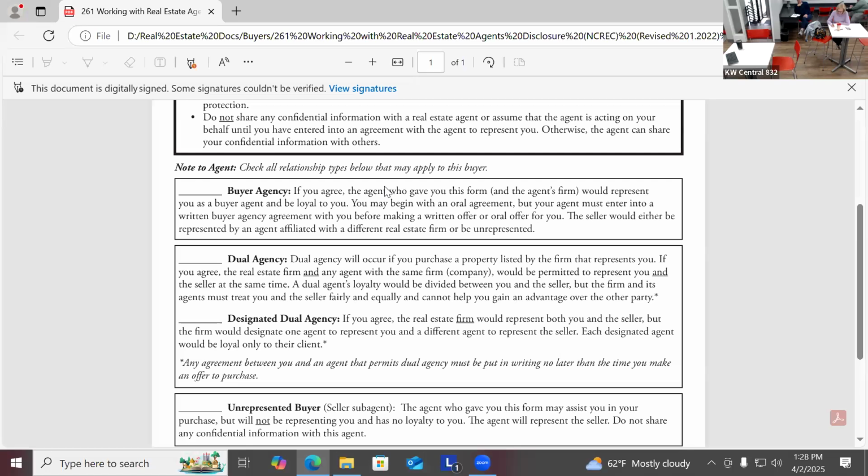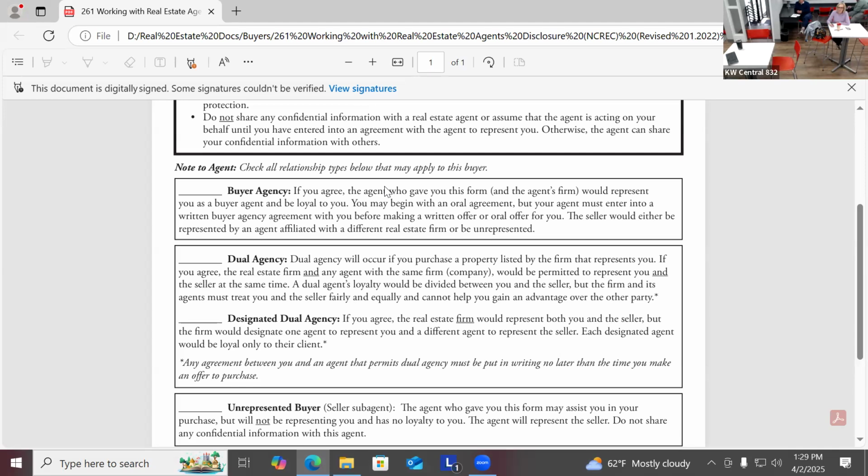No, so you are checking the relationship types that might apply to this buyer that you're working with. If you have a buyer agency agreement, whether it's exclusive or not exclusive, you check the first one. Dual agency, we want to check that one.